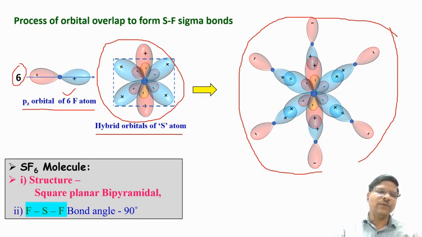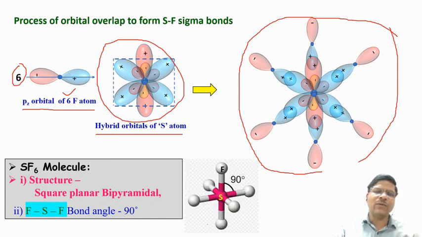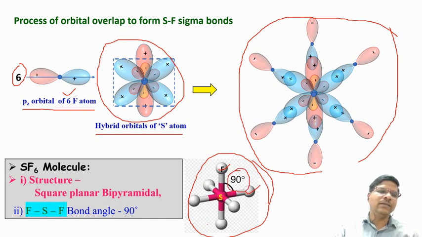The geometry of the SF6 molecule is octahedral, and the fluorine, sulfur, fluorine bond angle is 90 degrees. The geometry is square planar bipyramidal, which means octahedral, and the FSF bond angle will be 90 degrees.